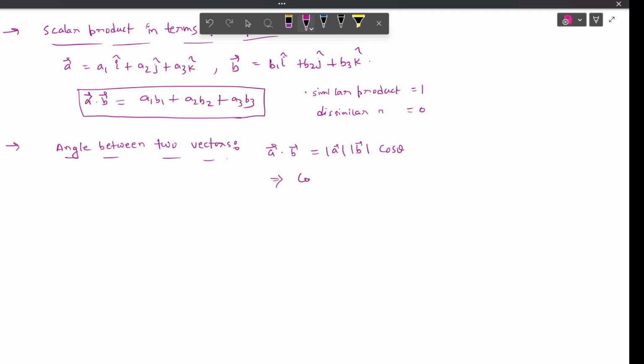So this implies cos theta is a dot b by mod a mod b. Okay, you can apply directly the dot product between two vectors to find out the angle between them.